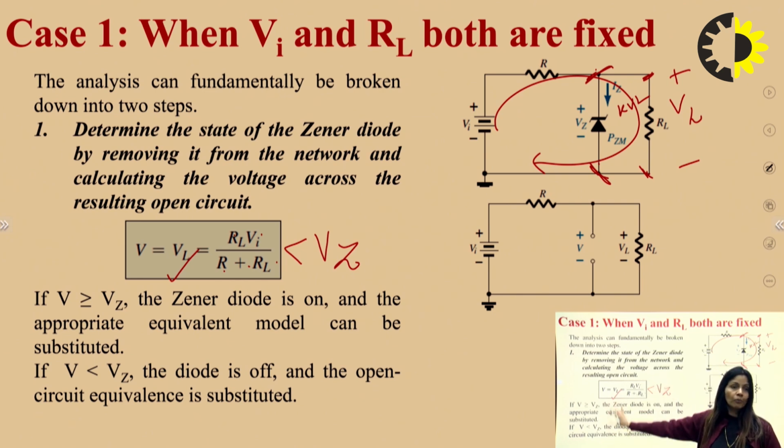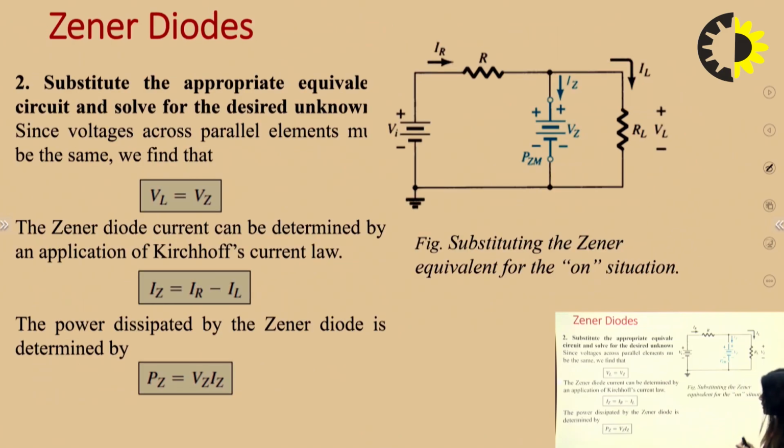If this particular point is clear, then we can immediately convert this into the battery of Vz and apply this. All the parameters are here. You just need to apply the Kirchhoff current law and Kirchhoff voltage law.